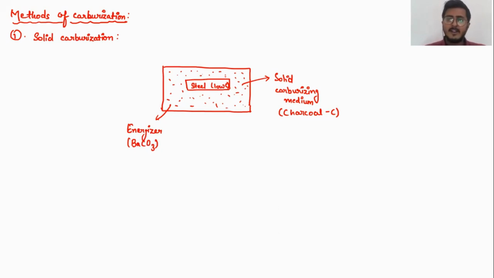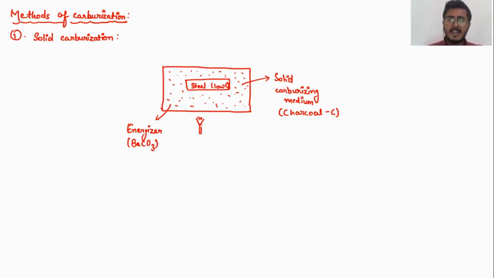It facilitates the diffusion to take place. Okay, and if you heat the system, the diffusion of carbon from your carburizing medium inside your low carbon steel will be much facilitated in case of your solid carburization by adding this energizer. Okay, so this is the basic concept of how this solid carburization takes place.